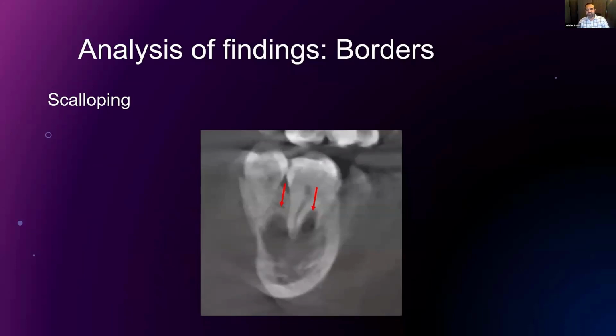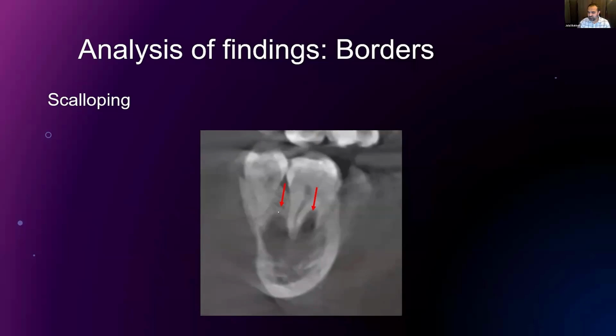Now, scalloping is a term that's used to describe a certain action of a pathology, and it's associated with the borders. Pathology can scallop between roots or along the endosteal surfaces of the borders. Scalloping, as we know, is kind of like a wavy form of a boundary.